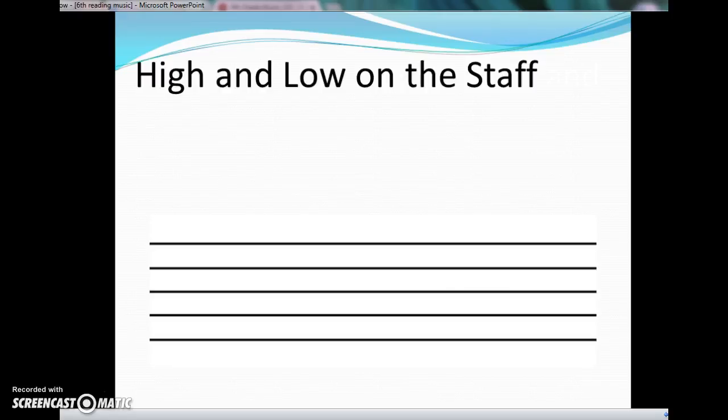So when we look at high and low on the staff, the most important thing to remember is that a high sound on a line will have a low sound that is on a line. They're kind of like best friends or buddies. If you have sounds that are going to be on a line, the one below it is going to be on a line as well. So for example, here's a high sound and its low sound.